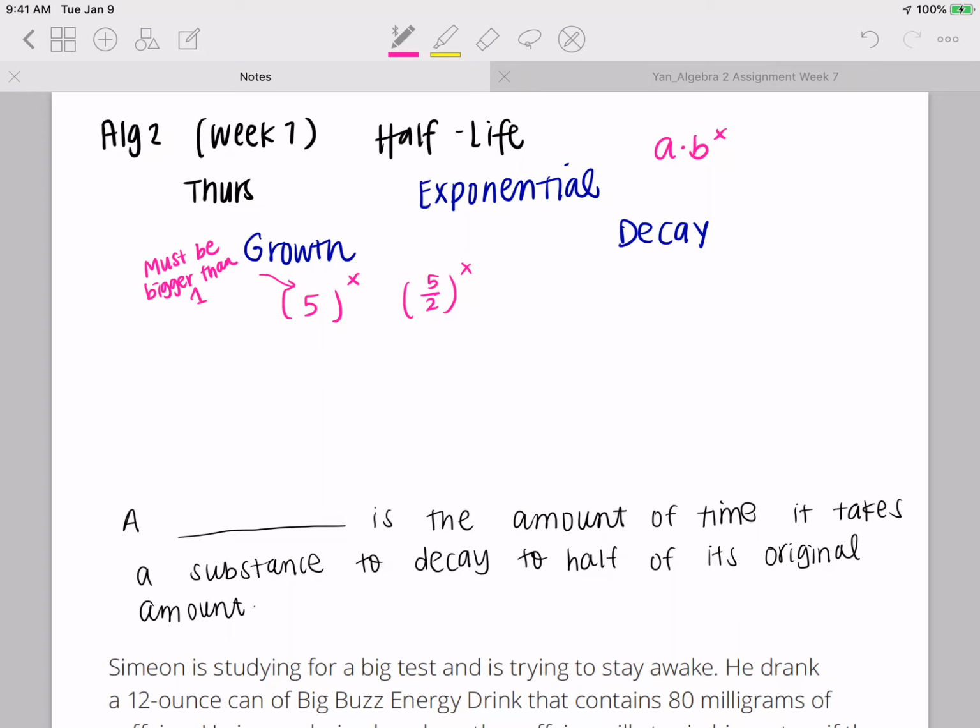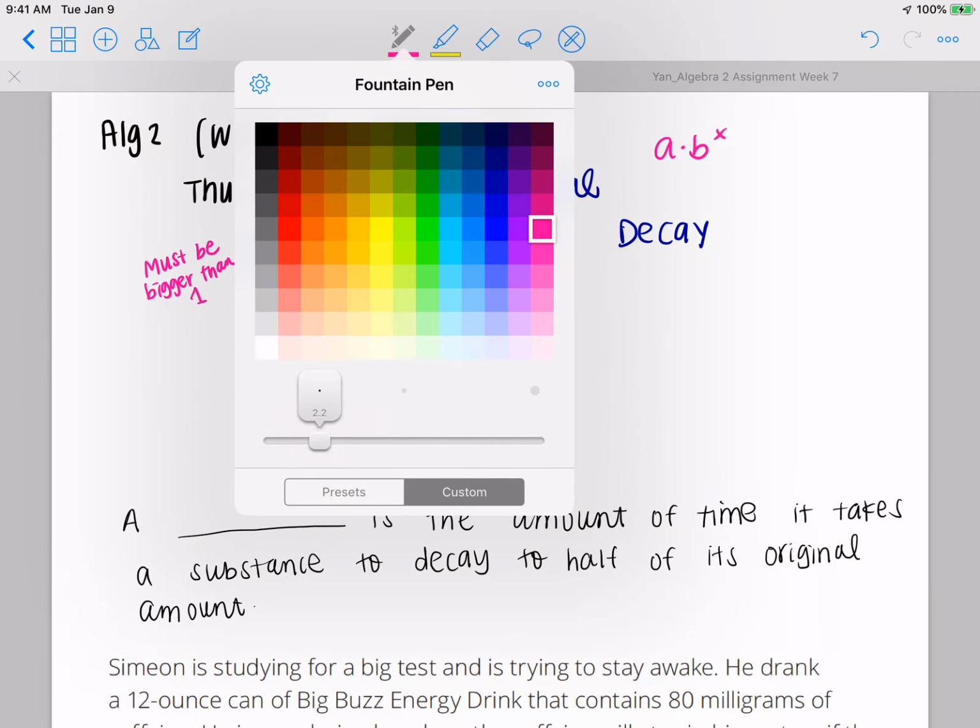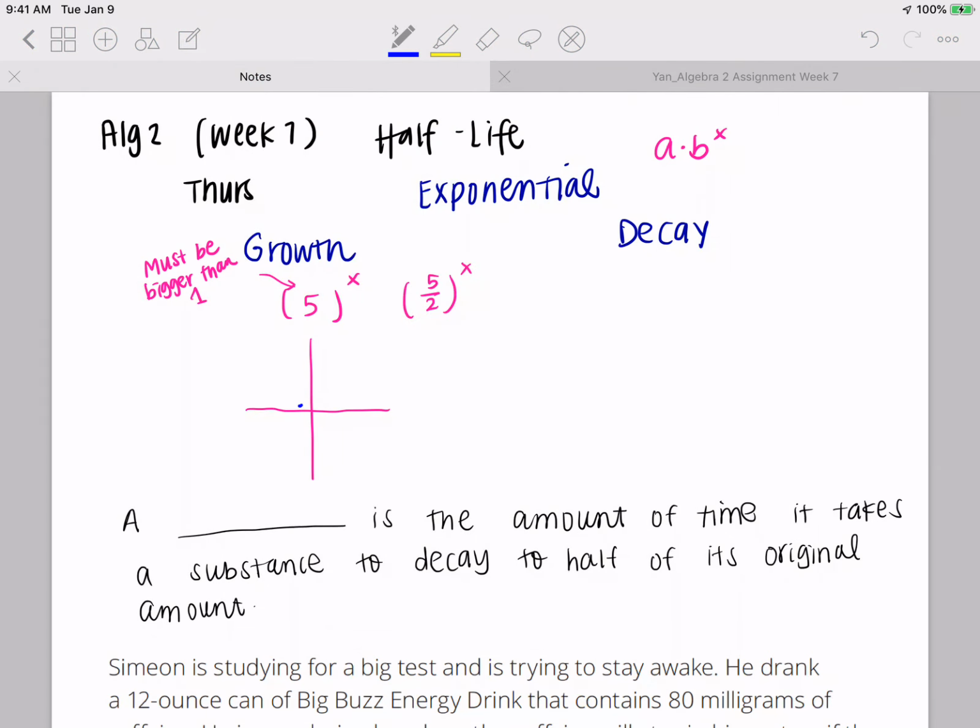So any of these numbers are okay. And in terms of your graph, you would see a number that slowly increases like this. It kind of looks like a J, or half of a parabola, right?